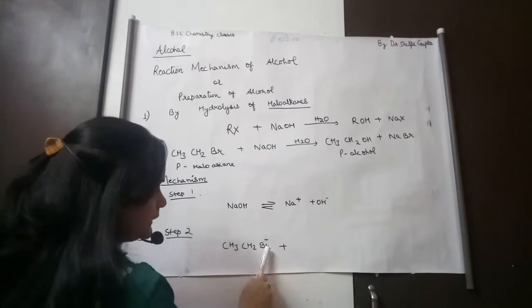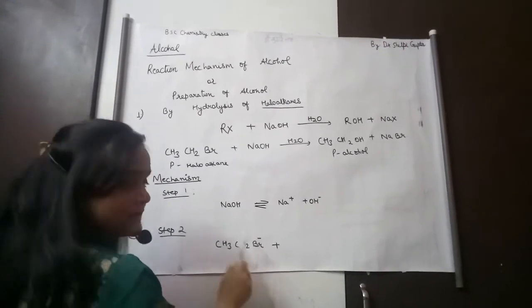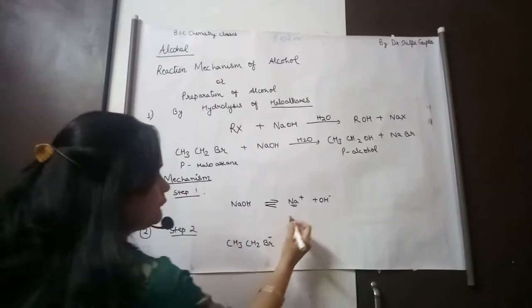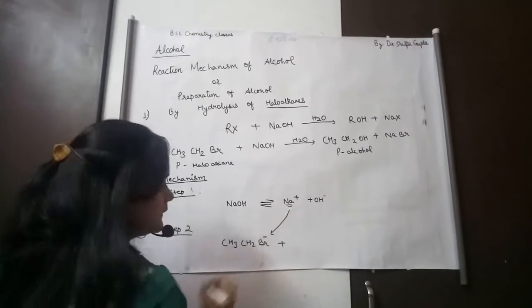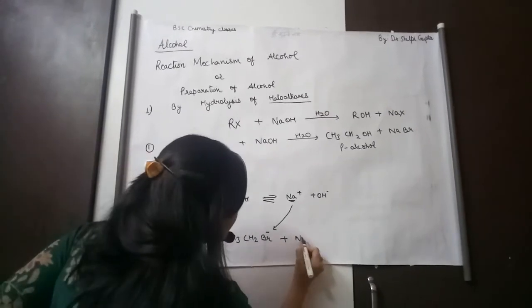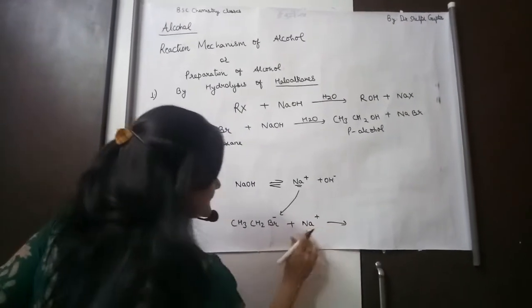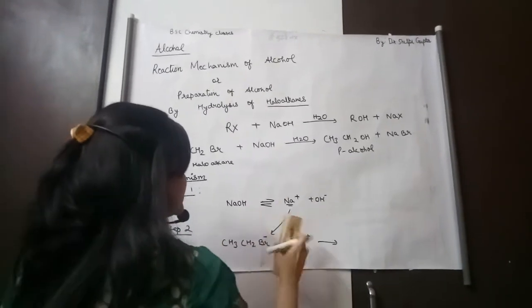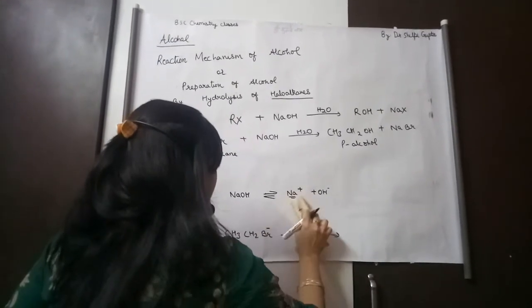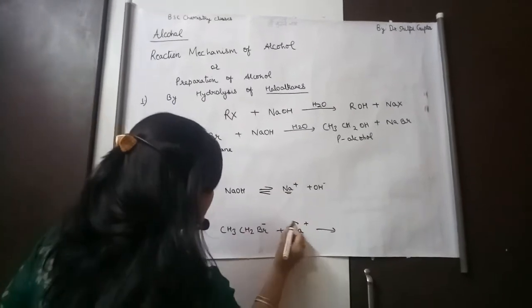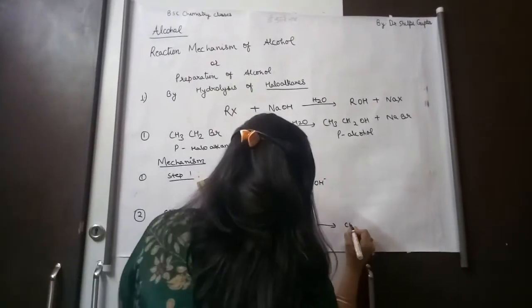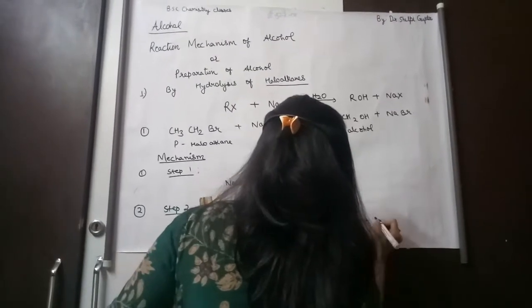So what will happen when it has extra electrons and the other is deficient of electrons? Obviously it will attack like this. It is deficient in electrons, it has extra electrons, so the reaction mechanism will follow in this way. It will attack with the lone pair of electrons and an intermediate compound will form.